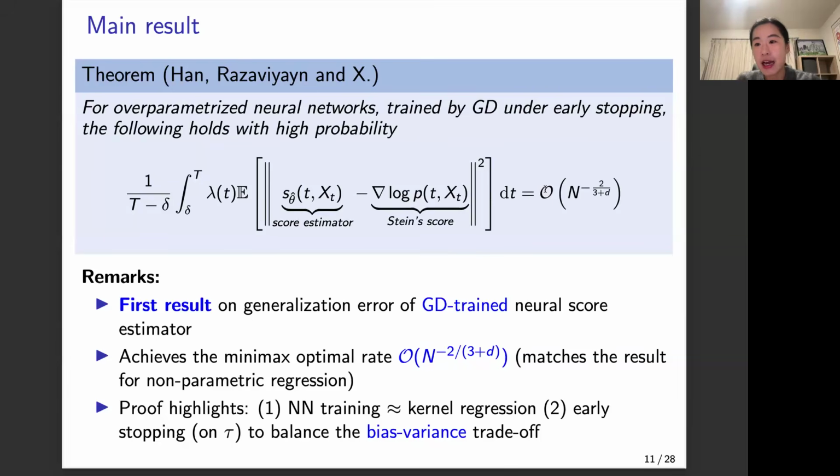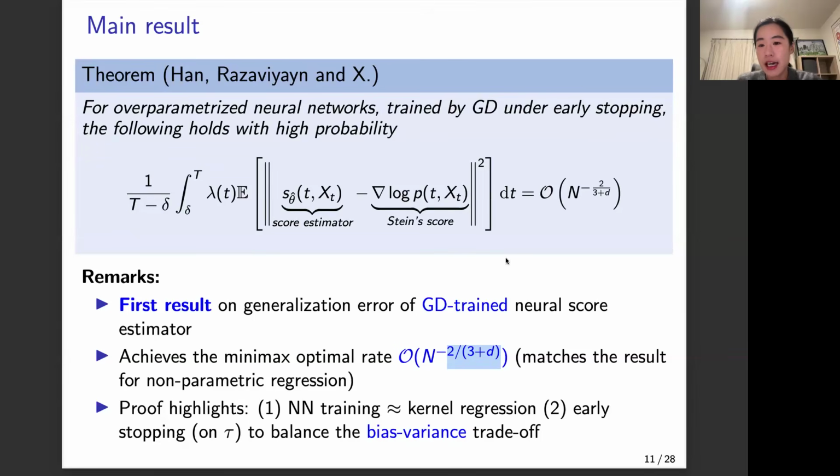Another comment I want to make on the result is that this result achieves the minimax optimal rate. The order is minimax optimal. It matches the results for non-parametric regression. So essentially, if we don't further specify the geometry structure of the data sets, then this would be the best we can do.